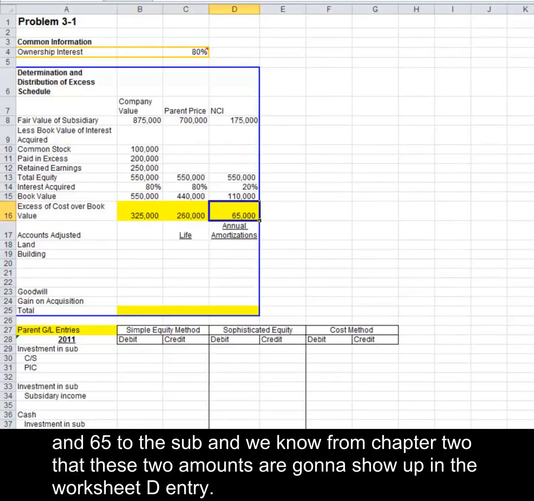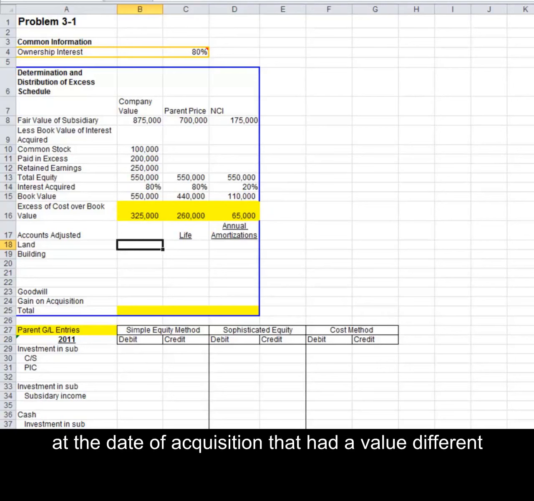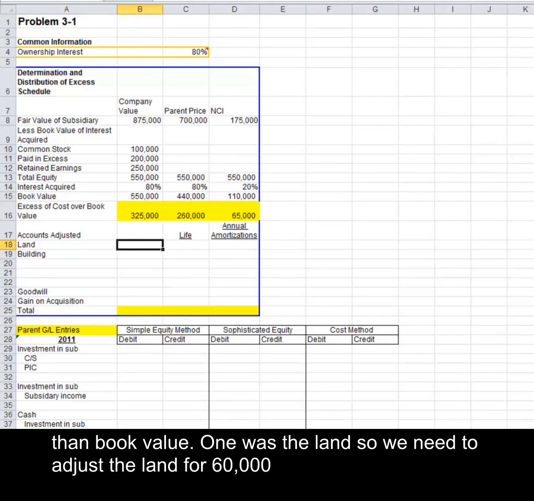And we know from Chapter 2 that these two amounts are going to show up in the worksheet D entry. In this case, in reading through the problem, we see that there were two items at the date of acquisition that had a value different than book value. One was the land, so we need to adjust the land for $60,000.